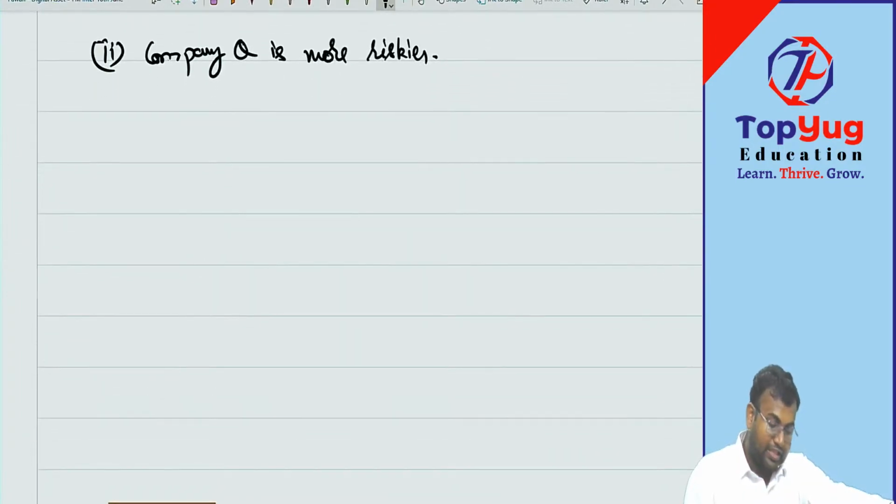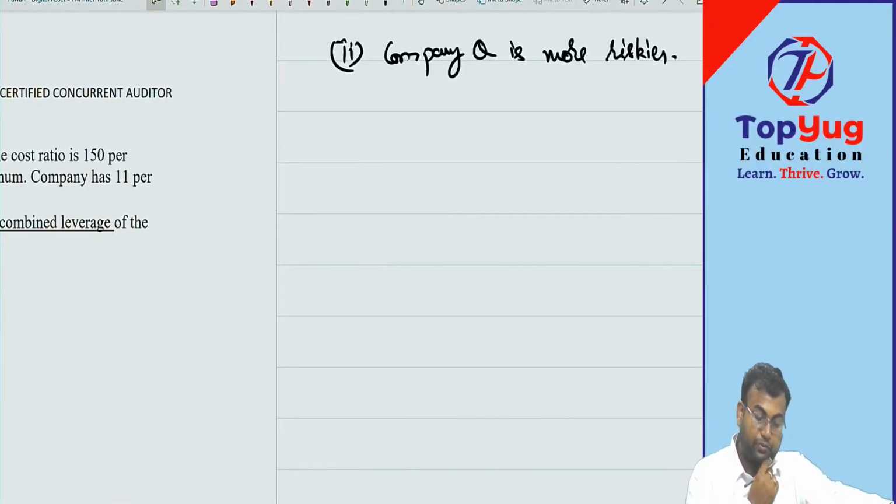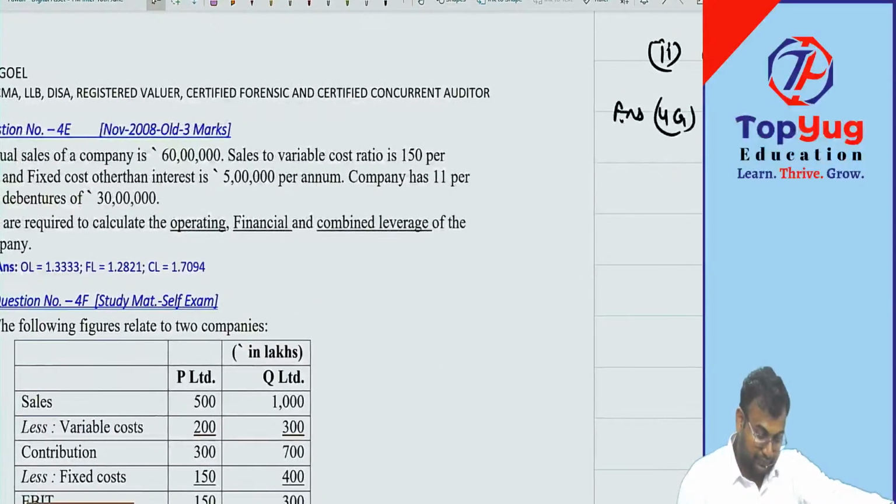Okay, last problem, sir. At least based on our material, it should be 4G. So I typed the wrong number. Answer 4G only. In the revised version, you will get it at 4G.